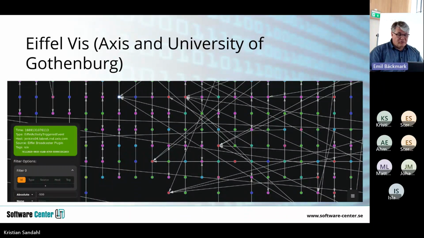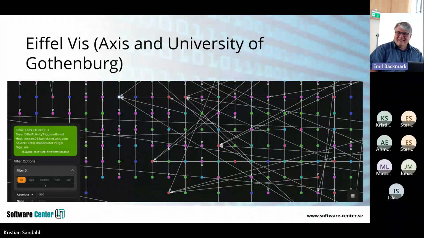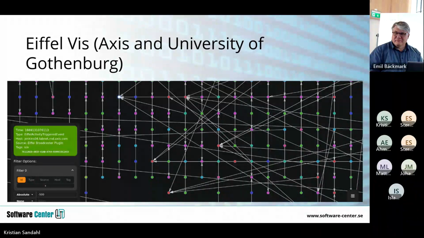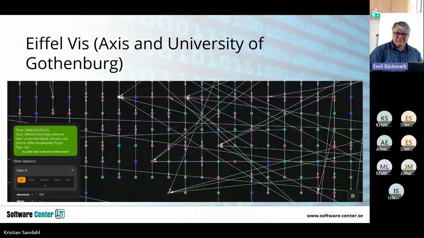It's also possible to use the traces. I don't know if you have done any further development. Looking at you. I think there is something ongoing, or they have just finished, where they were focusing on the visual part, the cognitive part of showing the events and so on, other than just colors, trying to make it more accessible, because this is just something pretty to watch, not very useful.